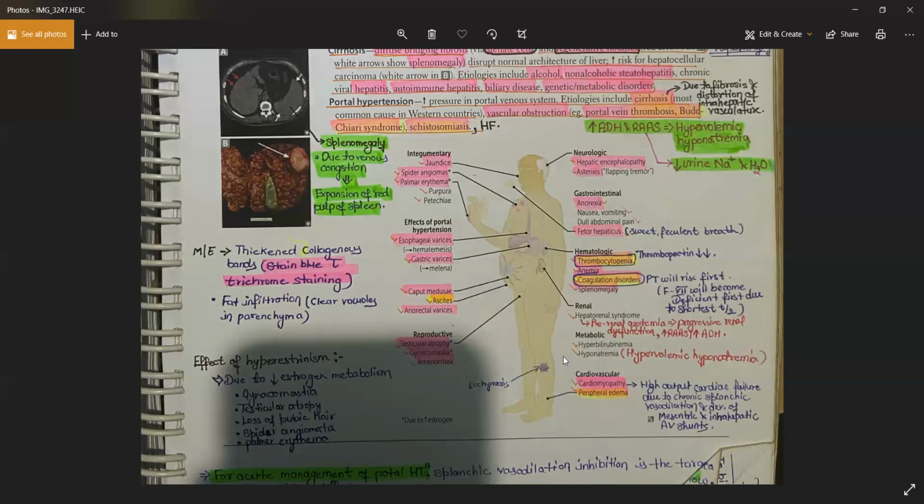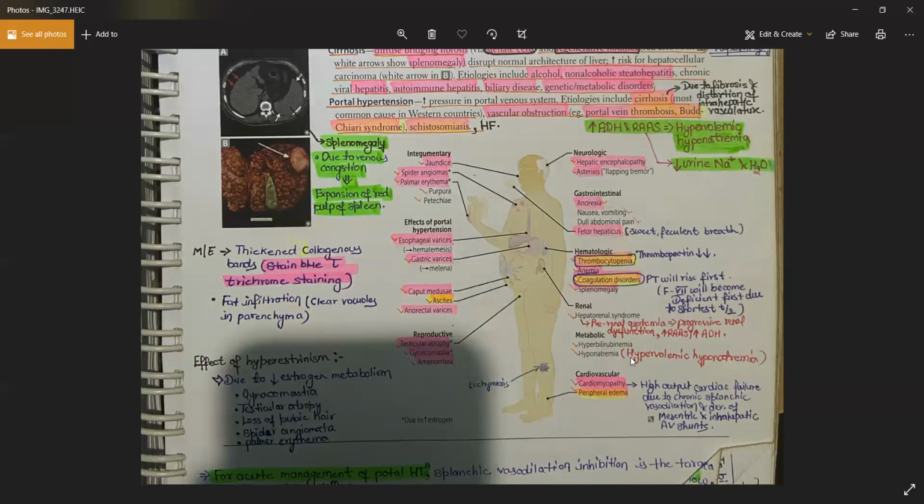This RAS will cause the accumulation of sodium and water, more water, and you're also having an activation of ADH, right? That can lead to hypervolemic hyponatremia, and this is known as hepatorenal syndrome, right? So you will have a hyponatremia, and please remember, it is not a normal one. It is because of the hypervolemia. So we'll have a hypervolemic hyponatremia, right?